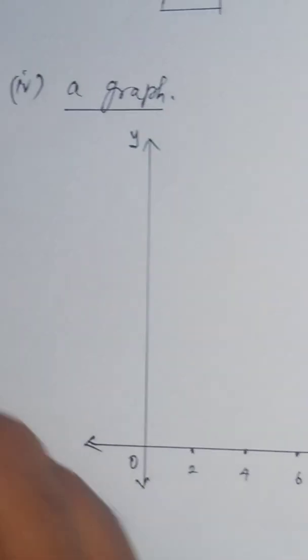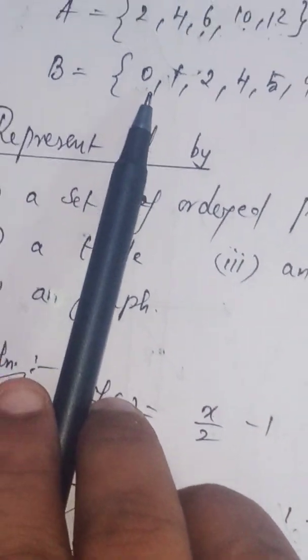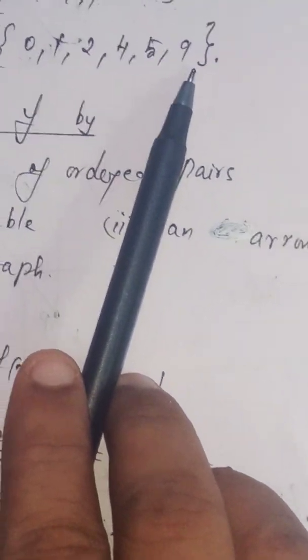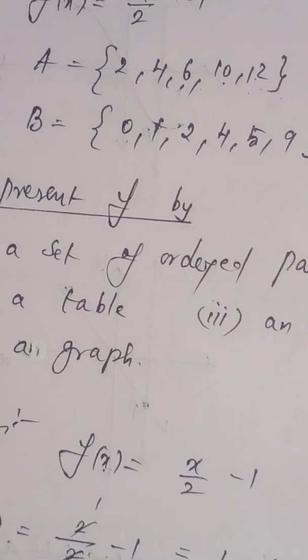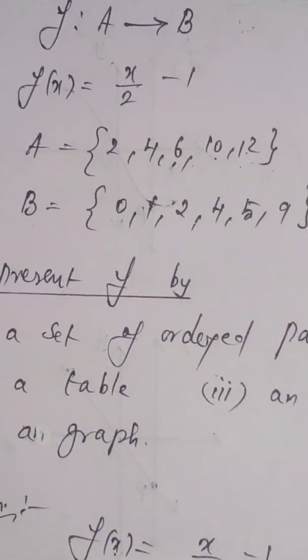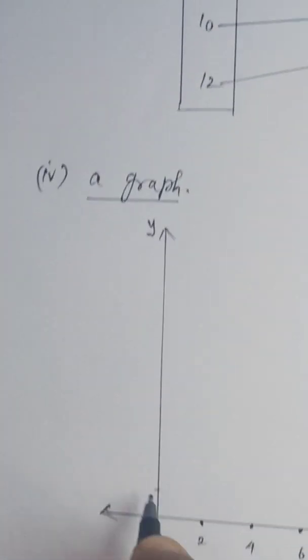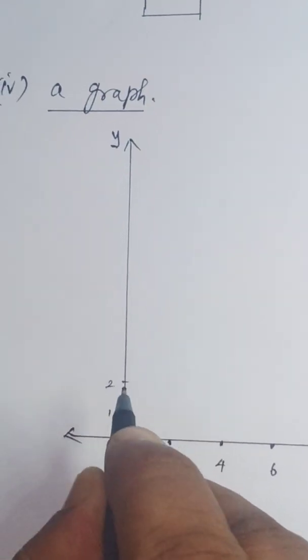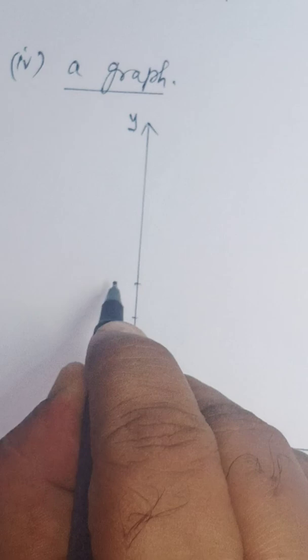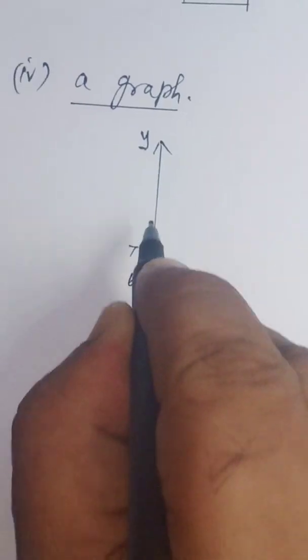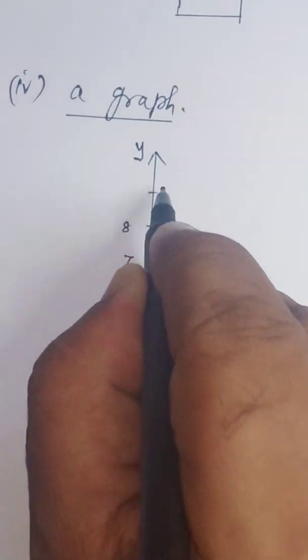Next here 0, 1, 2, 4, 5 and 9. The next to 5 is 9. So you have to consider 1 centimeter equals 1 unit: 1, 2, 3, 4, 5, 6, 7, 8 and 9.